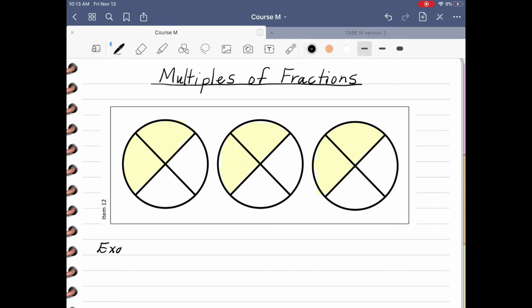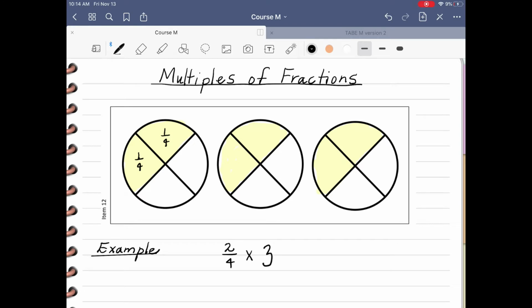Looking at this picture, let's set up a multiplication problem that illustrates or defines this picture. We have 2/4, that's 1/4 and 1/4, and we have that 3 times.